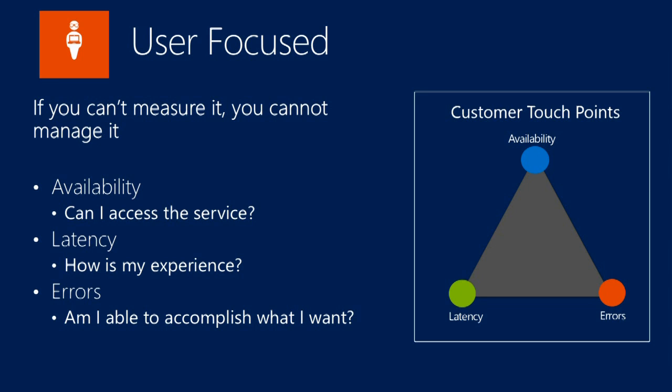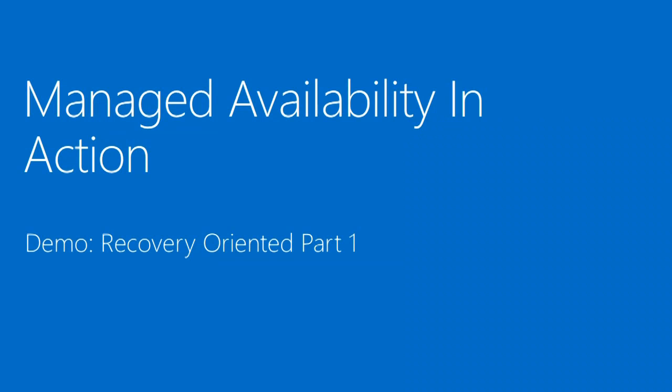They're only going to care about these 3 touch points. Could I get in? Could I do what I wanted in a relatively speedy amount of time? And did I encounter any errors? That's really what you should be going for, preserving that ideal experience. And that's what we're going for by focusing on the user experience inside managed availability.